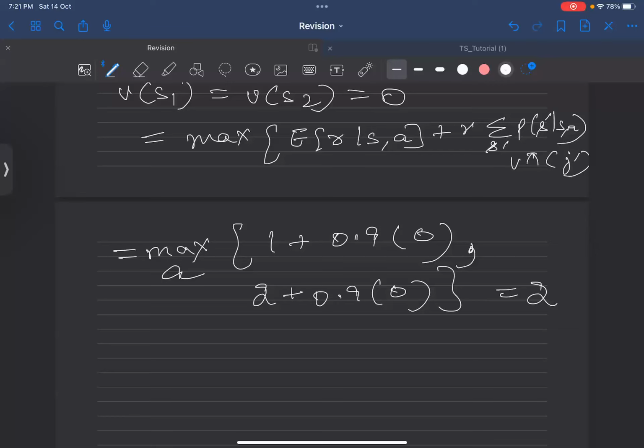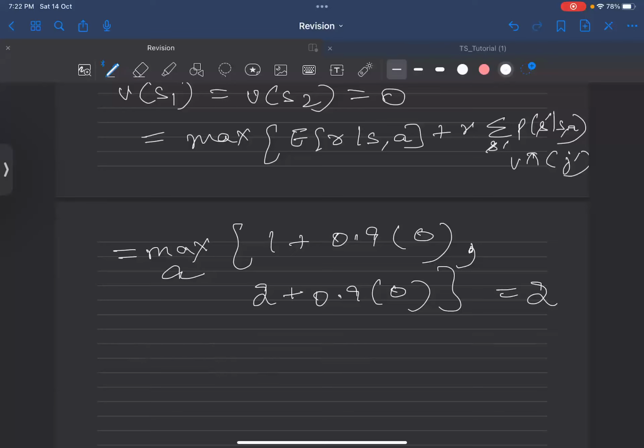The maximum return is given by action A2, so it is the optimal one at this point. If I am in S1, then A2 is the best one. Am I correct in saying this? Anyone want to comment? No, that's correct.